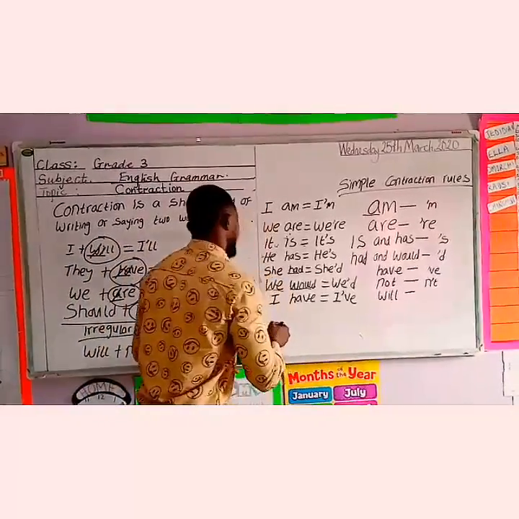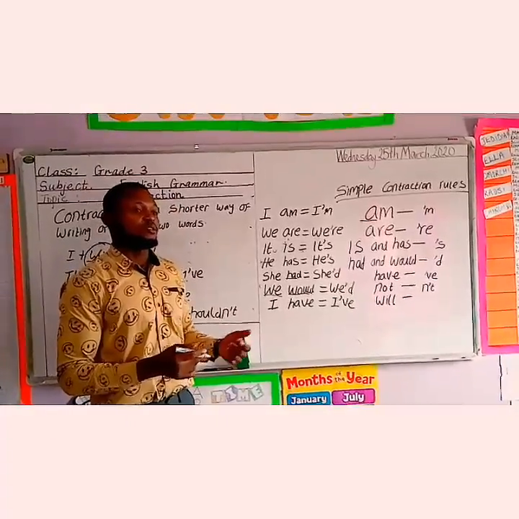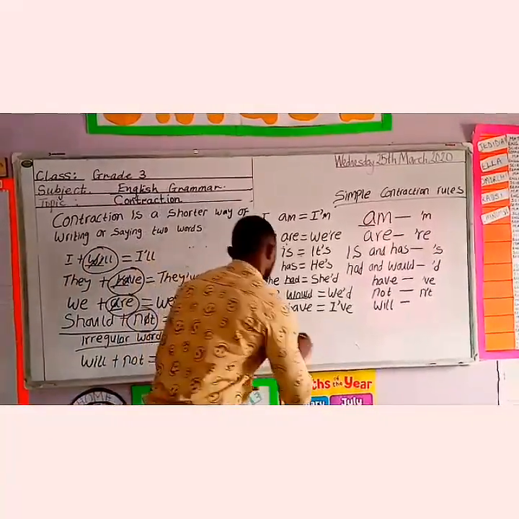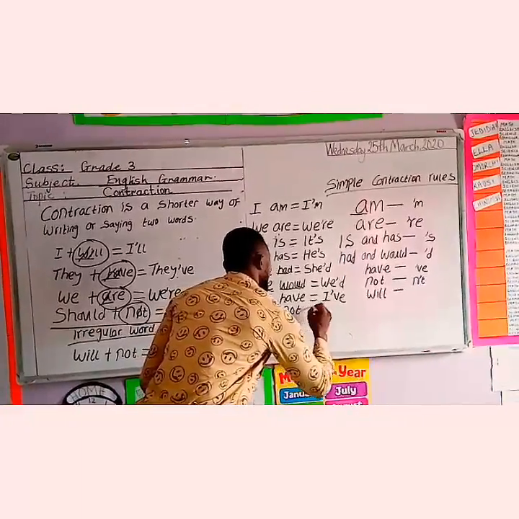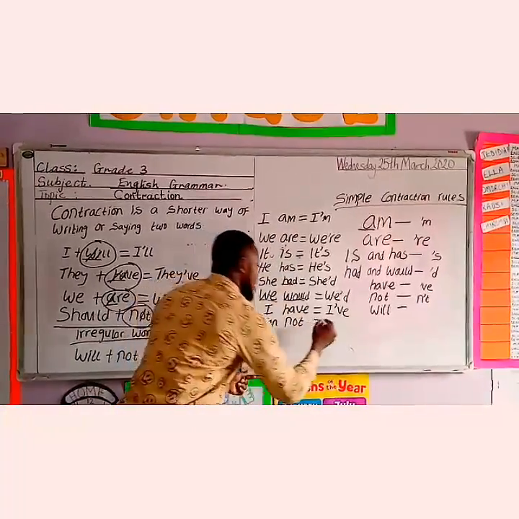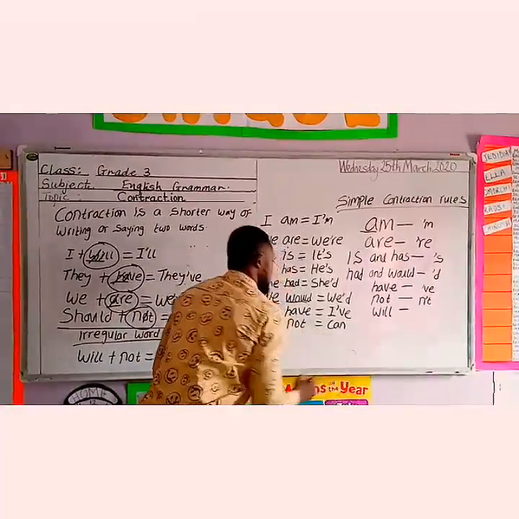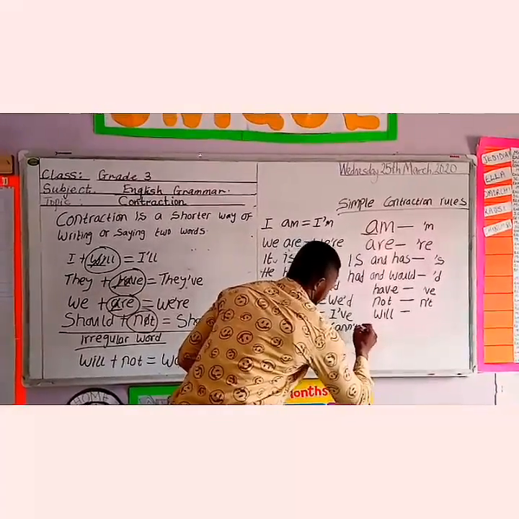Now, give me an example of what we can use. Cannot. Good. To contract this, we have this word can comes, we have can't, correct.